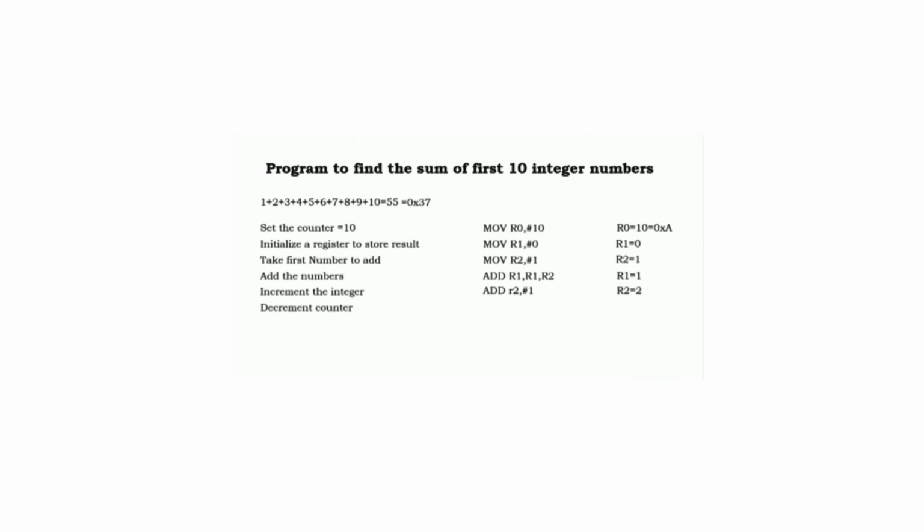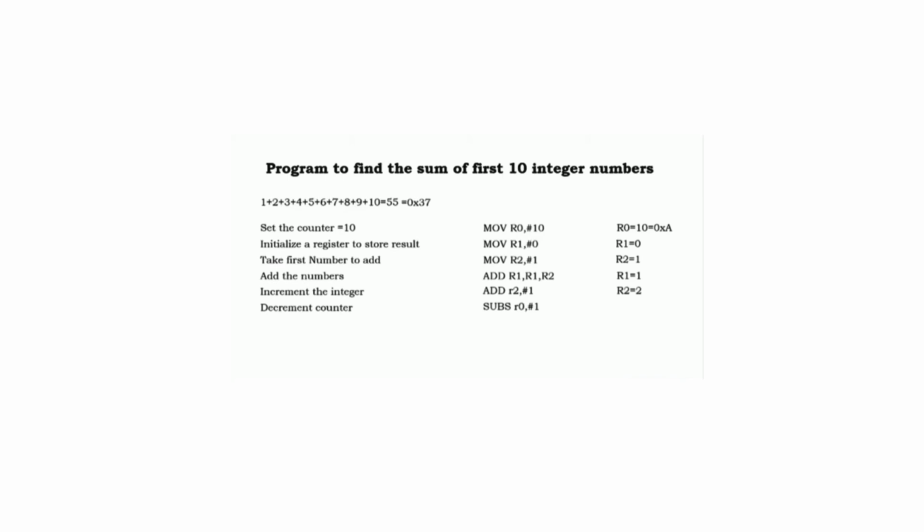Now we will decrement the counter, because we have added the first value, we are done with the first value. Now the remaining are 9 values. So we need to decrement our counter. We will write sub R0, R0, 1.